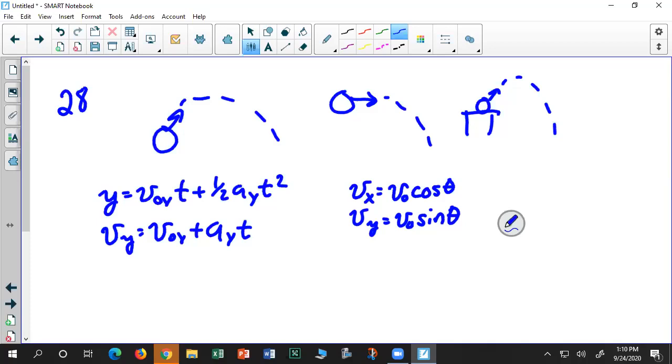Remember, we had sisters to those equations for the x-axis, and they were very similar. It was just x equals v_x t, and that's it, actually, because in the x direction the acceleration is 0. So these equations become a lot simpler for projectile motion.